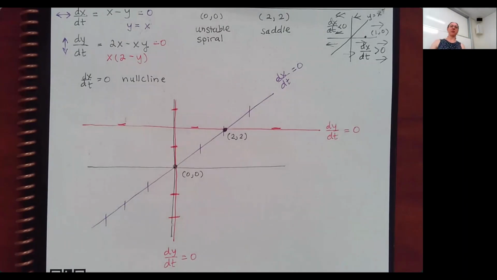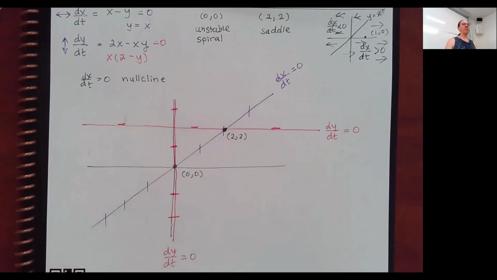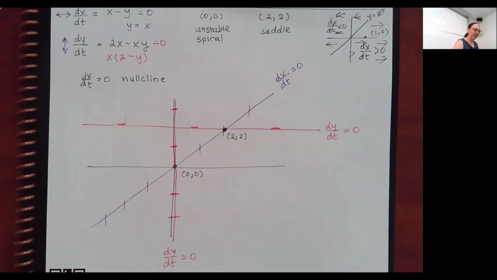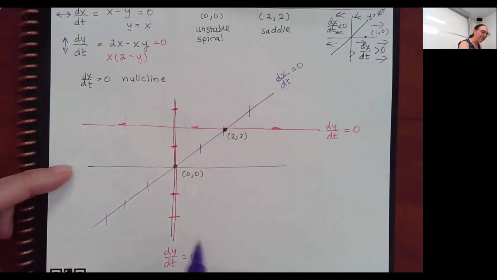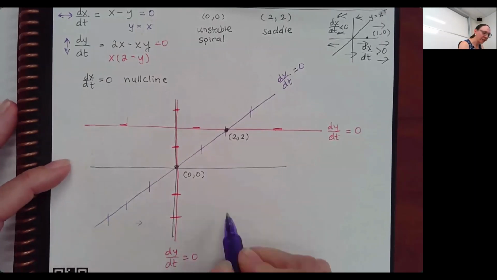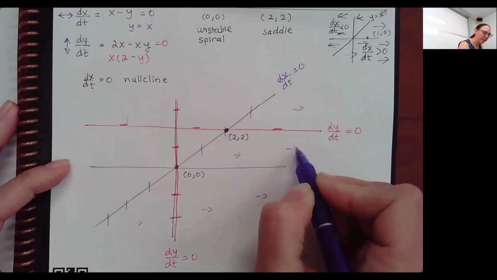Different people have different approaches to it. Whether you want to look at what the vectors are doing on the nullclines, or look at what the vectors are doing off the null lines. So I'm going to take all of those left, right vectors, and I'm going to say everywhere out here below my purple line, I'm just going to draw myself some vectors that are pointed to the right, everywhere below that line.